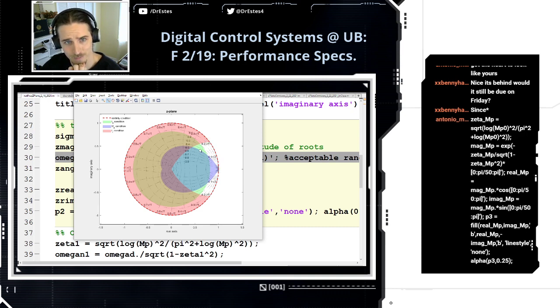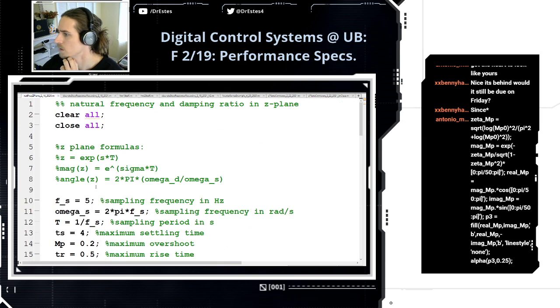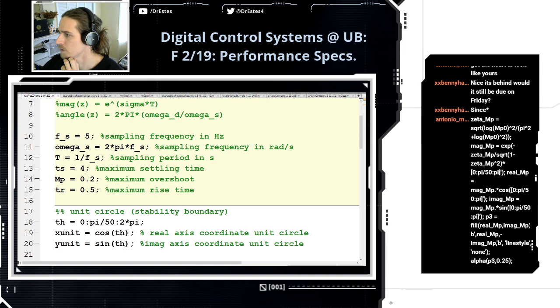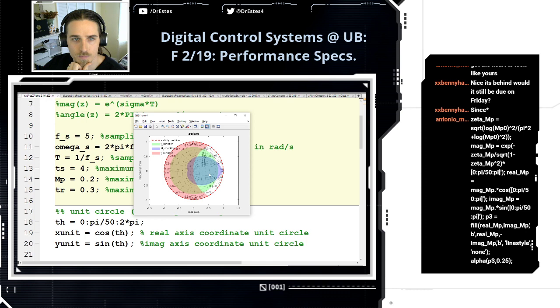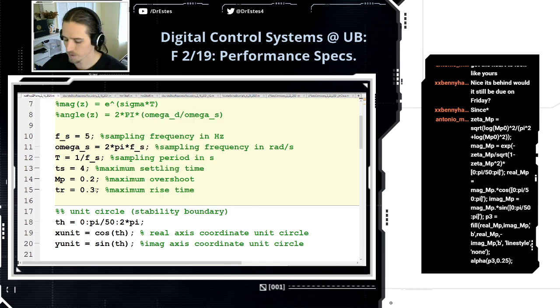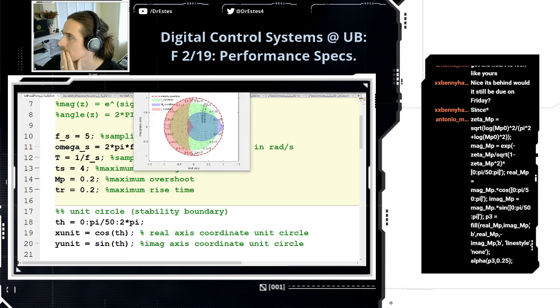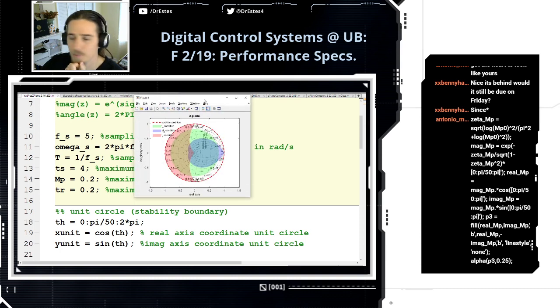If you make your rise time faster, let's see, let's make it 0.3. The eye has opened. Even faster. And then it starts becoming like this.